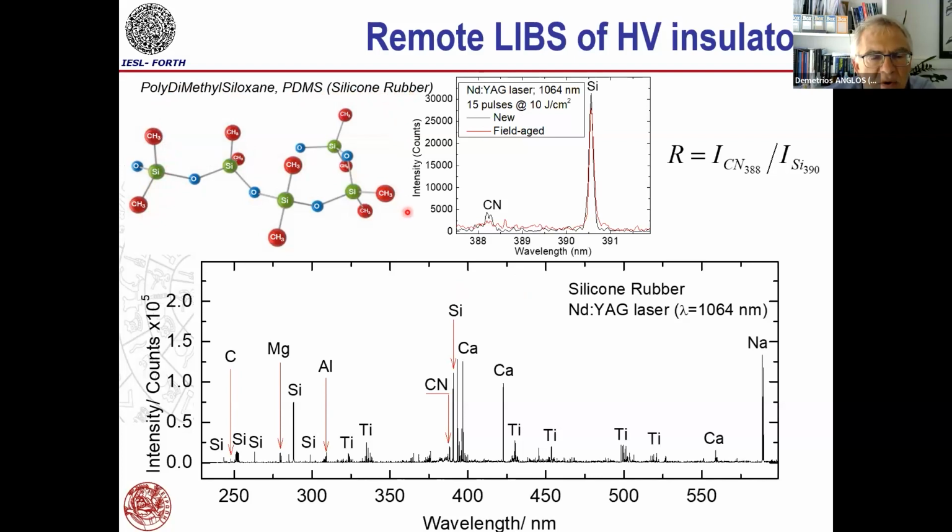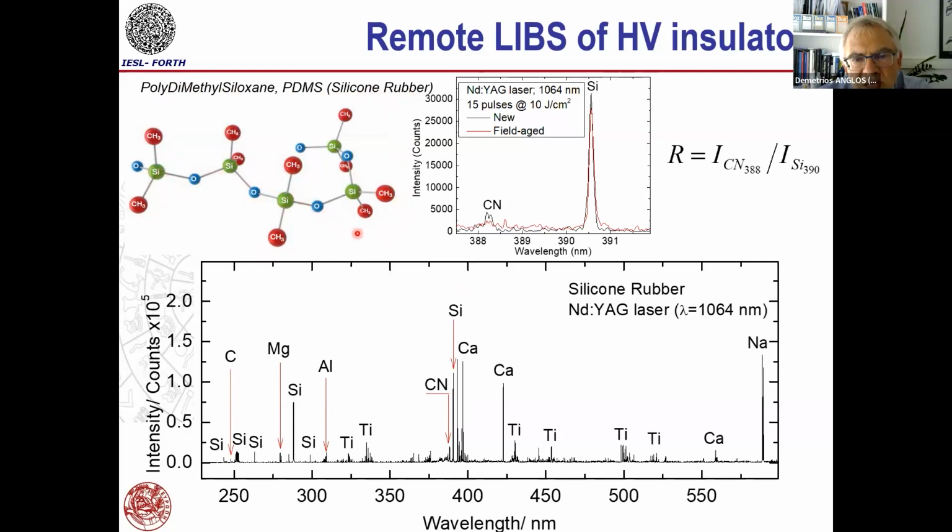So it's a highly hydrophobic and highly insulating material. With the flashover problem, what happens is that some of the methyl groups on the PDMS go away and are replaced by hydroxy groups. That reduces hydrophobicity, or increases hydrophilicity. This is something that we need to be able to monitor from far away.